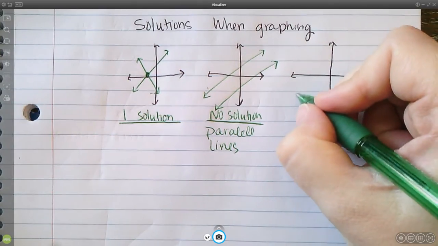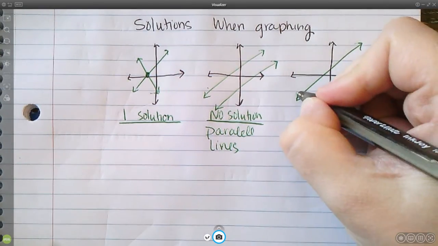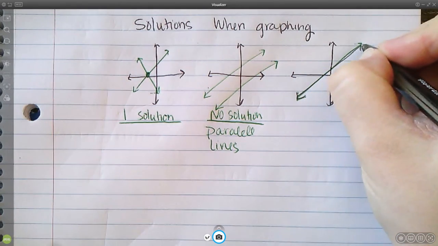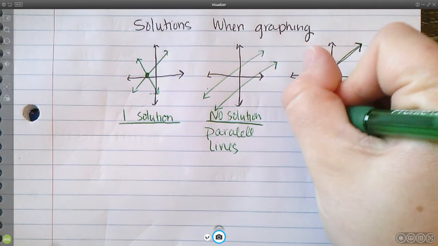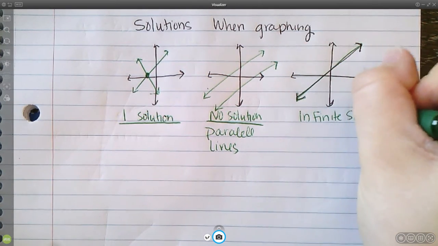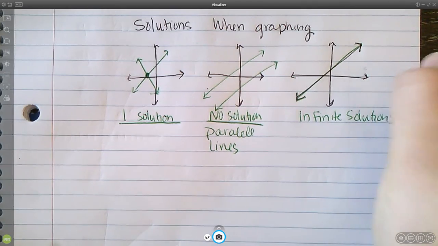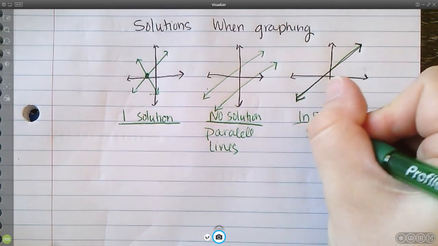And then your last one: if that's your first line, and you graph your second line and it ends up being right on top, that is going to be infinite solutions. And that's if you graph the same line.